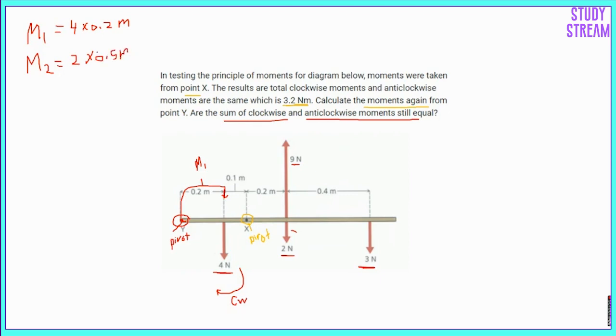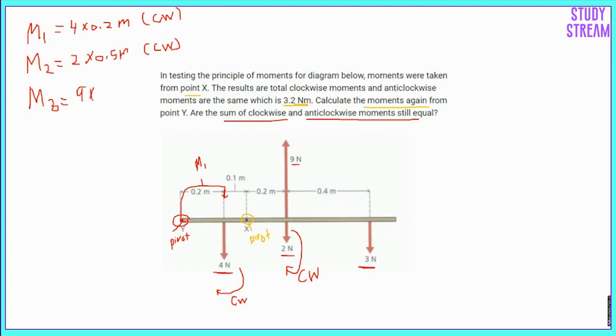Now, when you take the direction, is it the same direction or a different direction than the force that we just got? Same, right? Clockwise. Okay, very good. So this one is clockwise and the second one is clockwise. What about the 9 Newton? 9 Newton, it is times 5, and it is anti-clockwise.